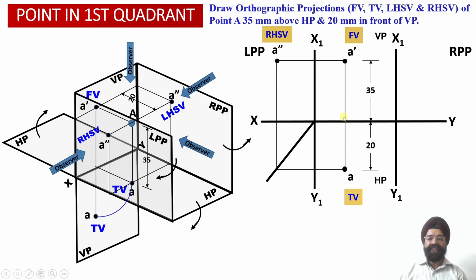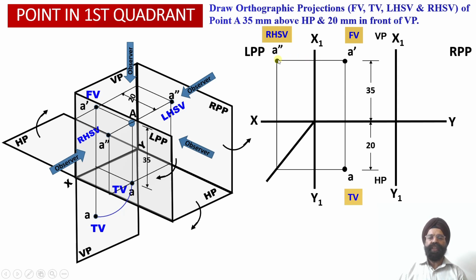And why have we carried out this transfer of the projection from the point A? Because we know that this distance happens to be 20 millimeter from the vertical plane. As we use this transfer line to transfer this distance of 20 millimeter from the vertical plane, we ensure that this point A double dash lies 20 millimeter from the profile plane.